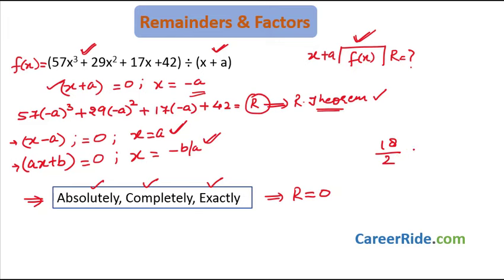It means to me that my remainder is 0, right? Similarly here, if your divisor completely divides your polynomial, it absolutely divides your polynomial, or it exactly divides your polynomial, it means your remainder is equal to 0, right? This is a very important thing which you are going to use further in the question, so bear it in mind. Okay, let's move on to some practice questions now.